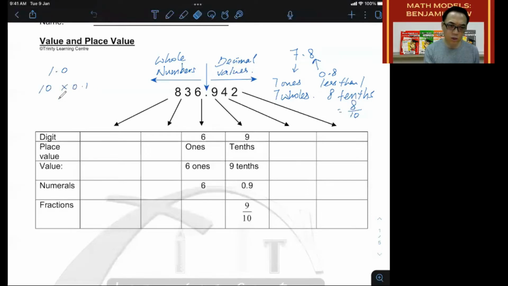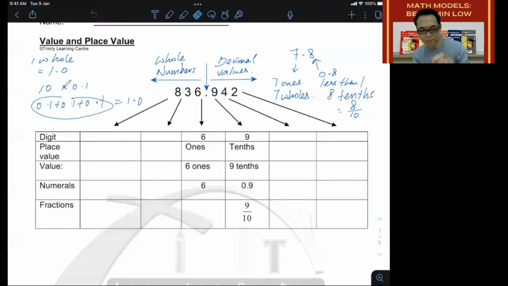0.1s. If you were to take 0.1 plus 0.1 plus 0.1 ten times, you will get exactly 1.0. In other words, 1 whole, or 1.0, is really made up of 10 parts of 0.1.